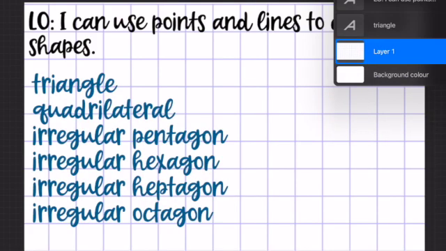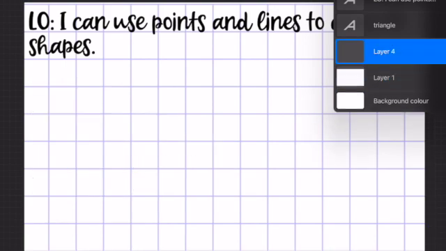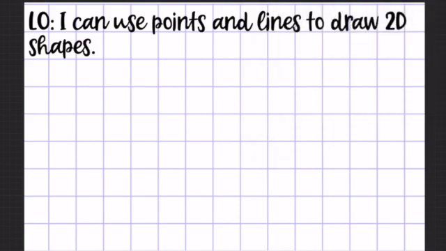Now, the next one was a quadrilateral. So, a quadrilateral has 4 sides, like a quad bike. So, 1, 2, 3, we'll have 4 there. So, 1, 2, 3.